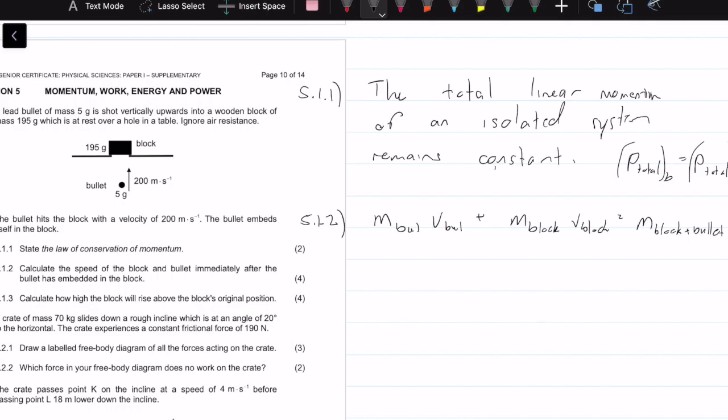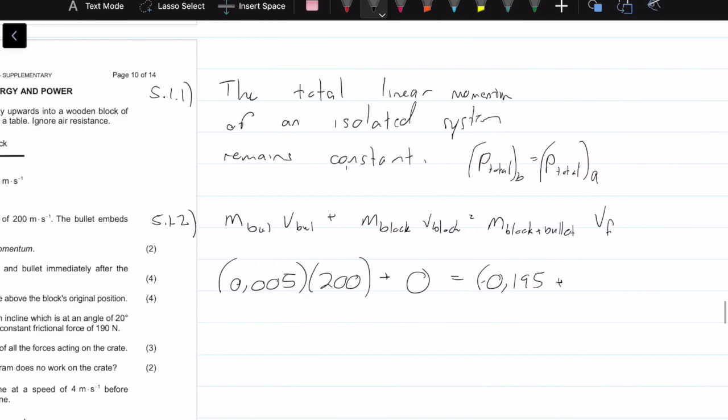We're working with the bullet first. The mass of the bullet is 0,005 kilograms times the velocity of 200 meters per second. The velocity of the block is 0, so that term becomes 0, is equal to 0,195 kilograms plus 0,005 kilograms times the velocity final.